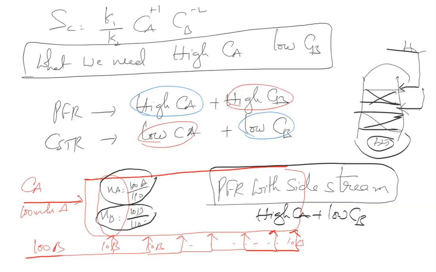Here hydrogen serves two purposes. One is it improves the kinetics. Another is it acts as a cold shot, because in the first bed the temperature rises, so the hydrogen injected at the second point decreases the temperature as well as acting as a side stream. So two purposes there.